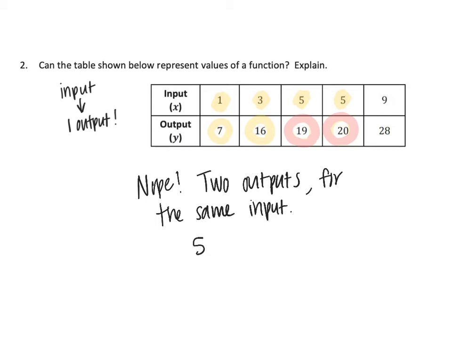Okay, it says 5 gives you 19, but then it also says 5 gives you 20. And this does not make sense. Not a function. Okay? All right, moving on to the next one.